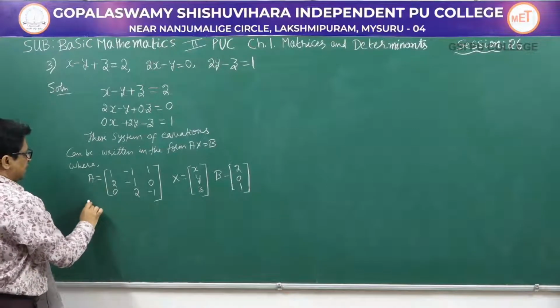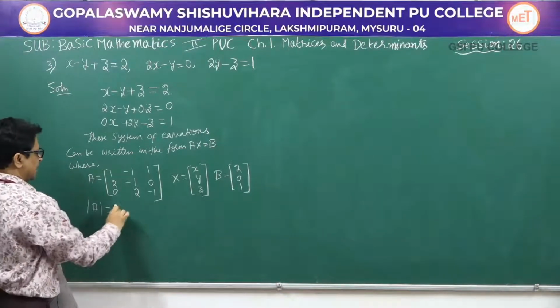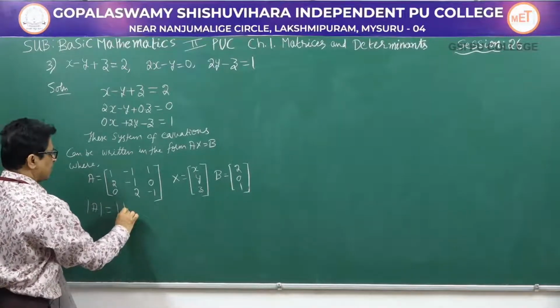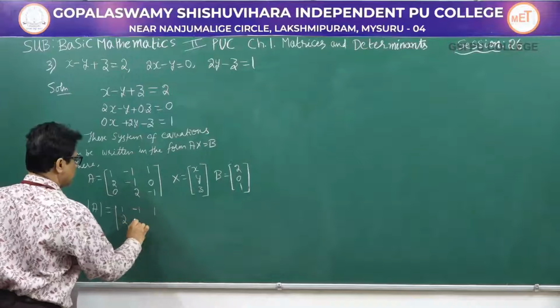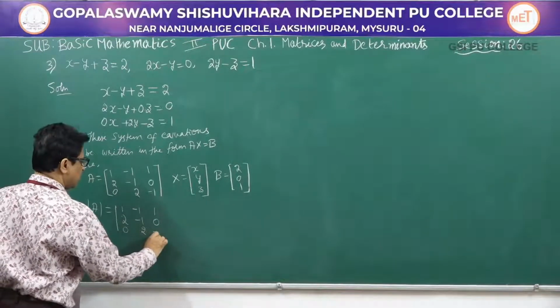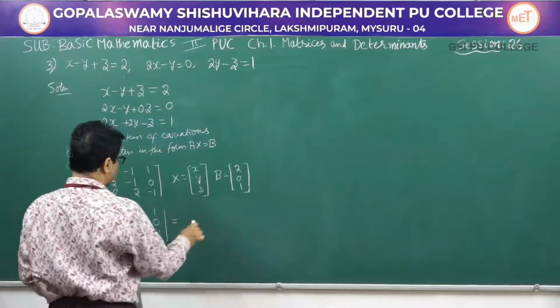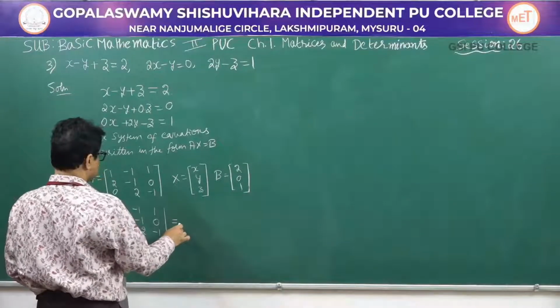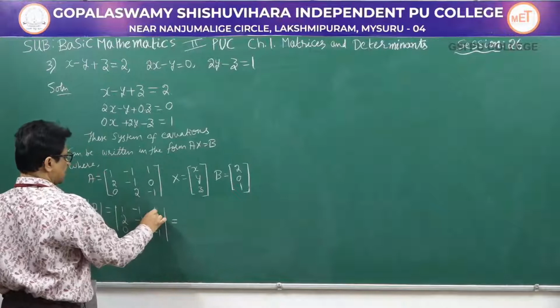Now let us find the determinant of the given matrix A. So the determinant of 1, minus 1, 1; 2, minus 1, 0; 0, 2, minus 1 will be equal to, we expand through the first row.